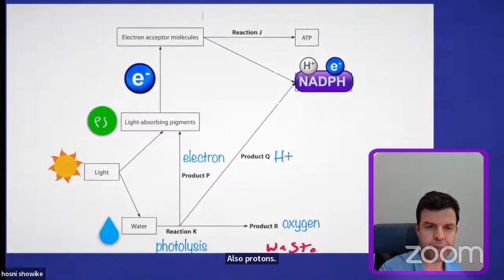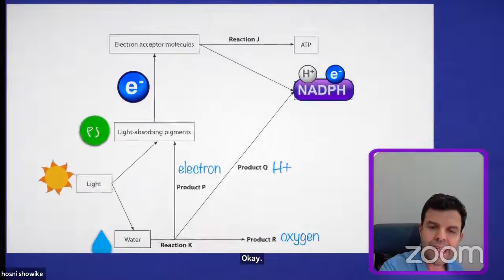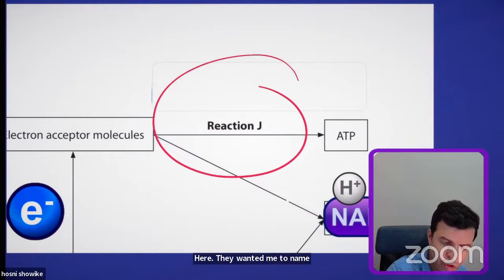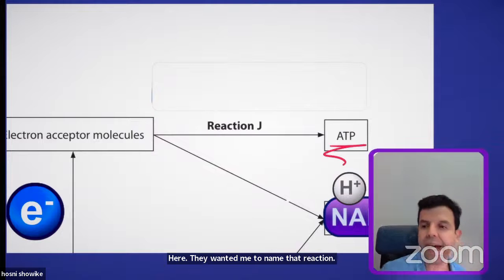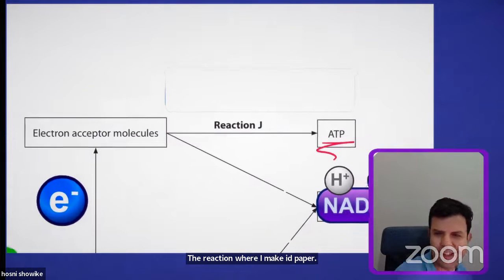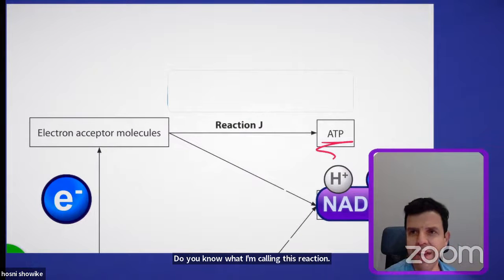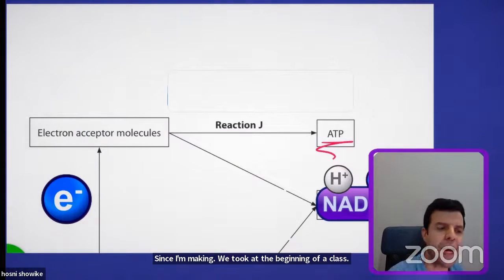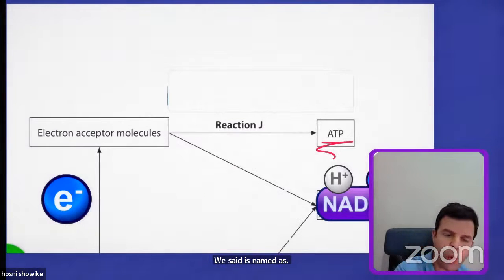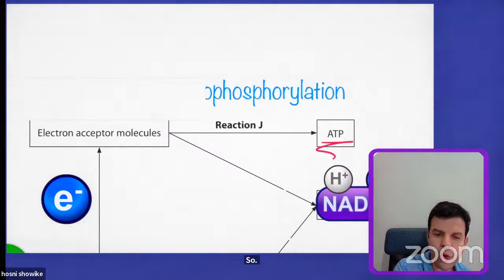Okay? Next, here they wanted me to name the reaction where I make ATP. Do you know what I'm calling this reaction? Since we took it at the beginning of the class, we said it's named phosphorylation.